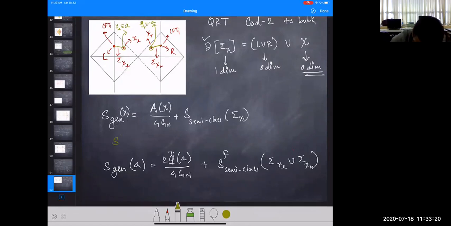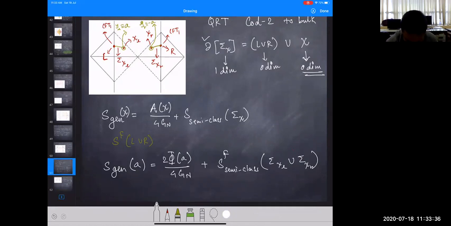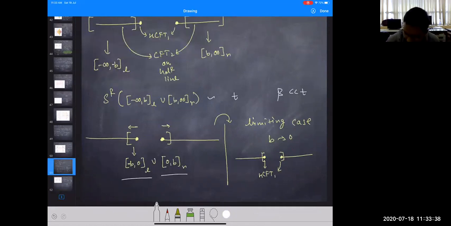So S_F of a system L union R. Whenever I'm writing in colors, it's a 1D quantity. So what does that mean? That means I'm taking this B going to 0 limit here.